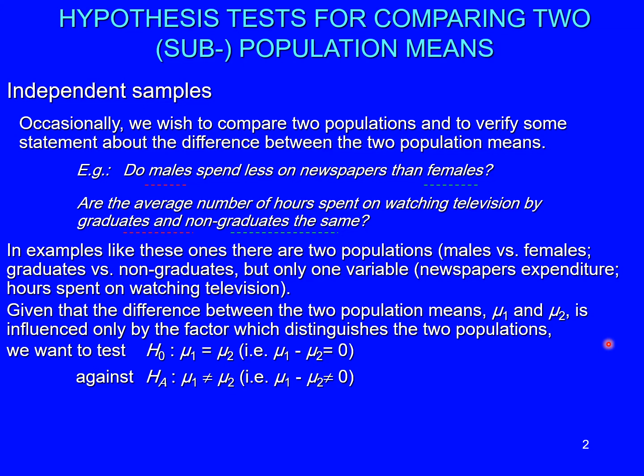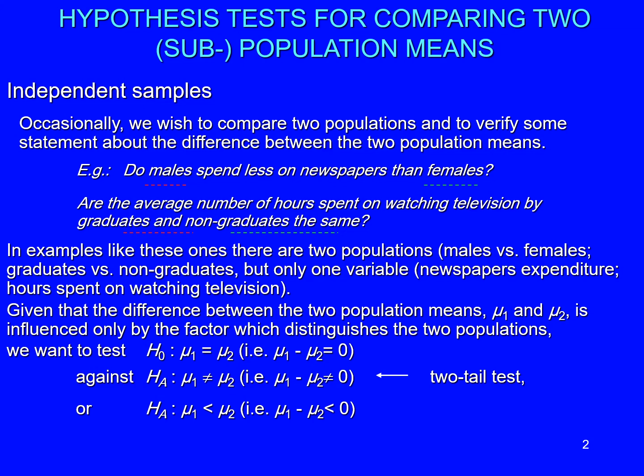In other words, mu1 minus mu2 does not equal 0. So they are the same. This is the two-tailed version of the test. If we have the non-equal sign, it will be the two-tailed test.